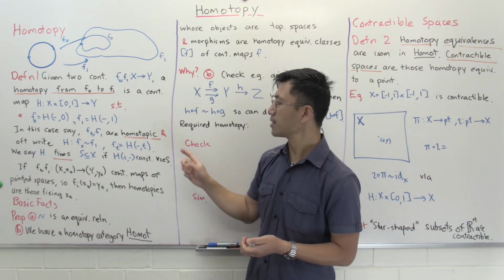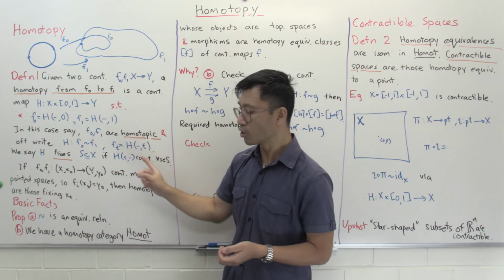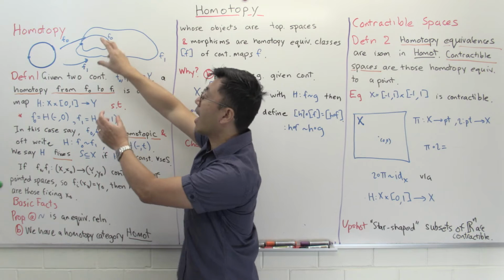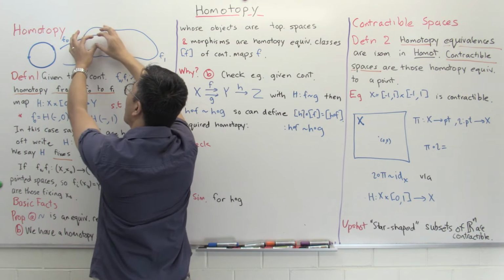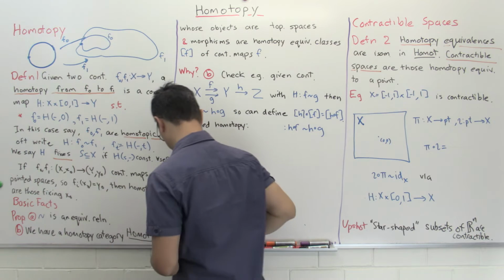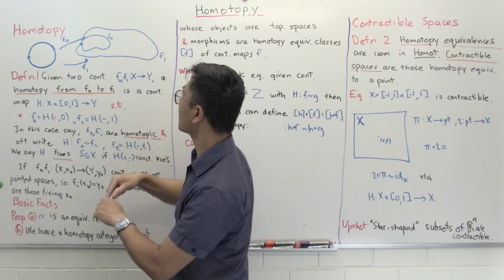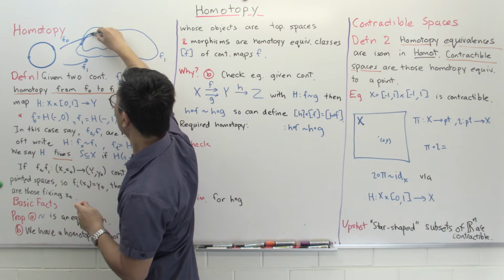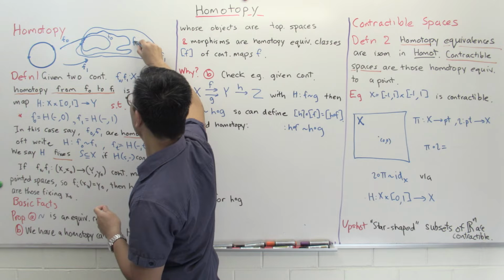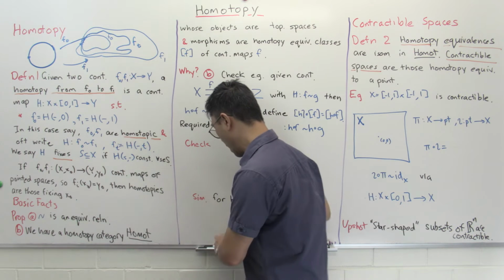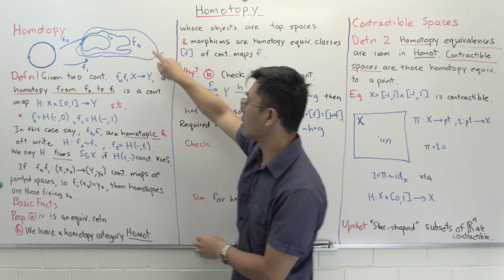Remember you're thinking of this as something that grows. At time 0 it gives you f0, and then it grows up to f1. So at any particular time, maybe it might be like this. That's what it is at time t, and it makes sense to talk about the deformation at time t.